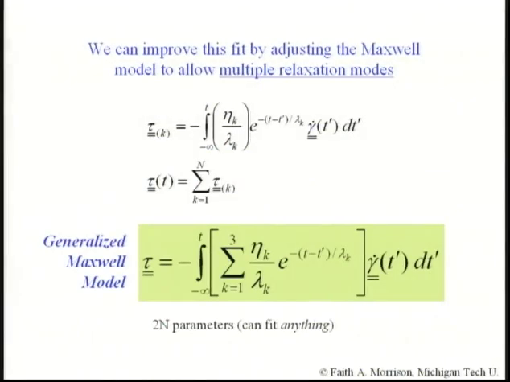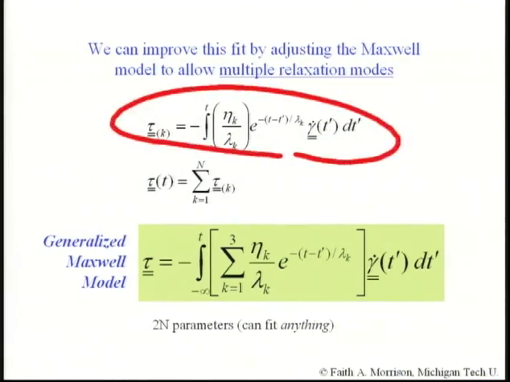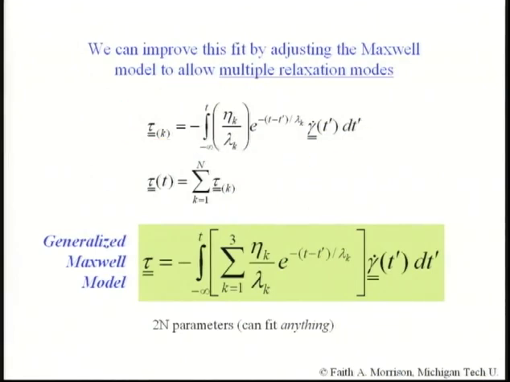We made up this model by saying that we wanted to take our stress in little bites, and we would generate stress in little pieces, but each piece would be given by a Maxwell model. We say, in principle, they're going to have different values of eta and lambda, and then we'll add them up to get our total stress. Now, we didn't know how that would turn out until we tried it.